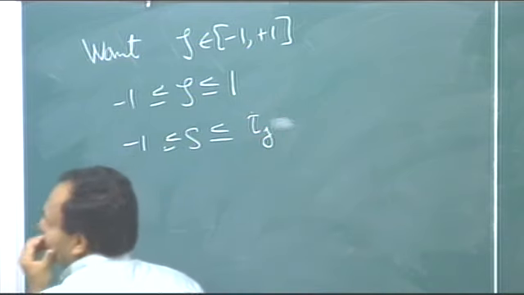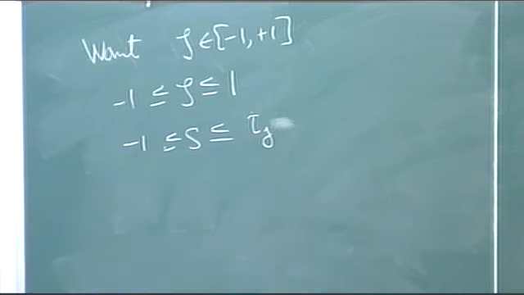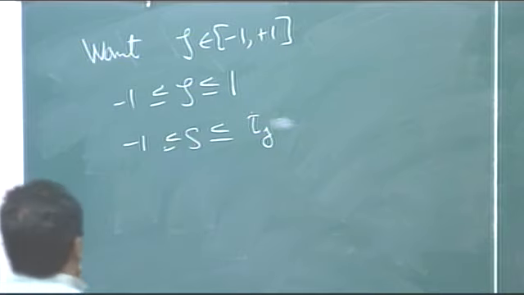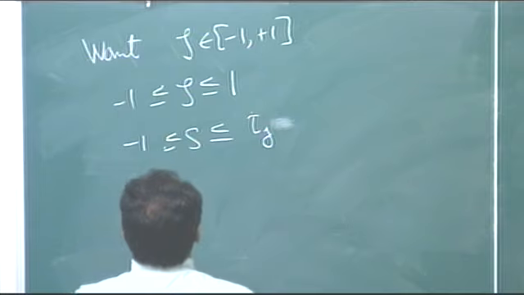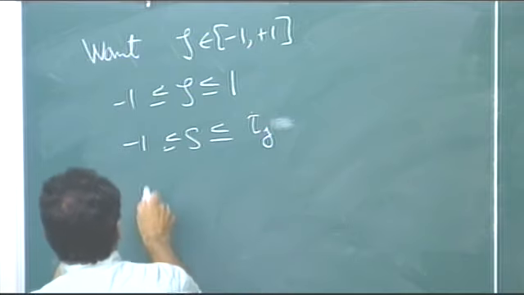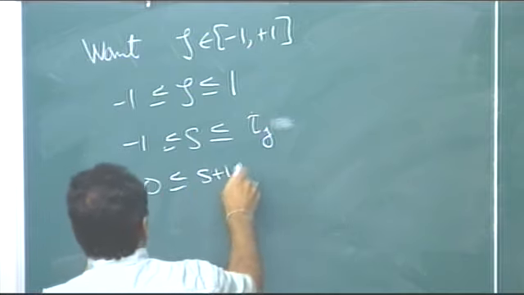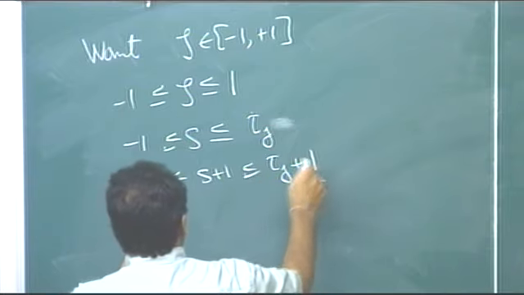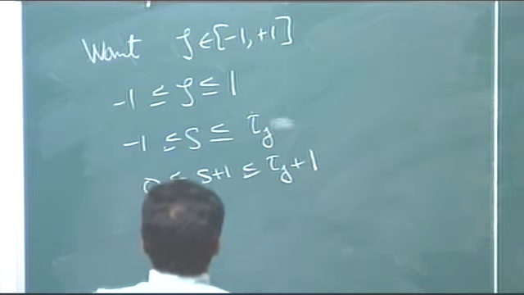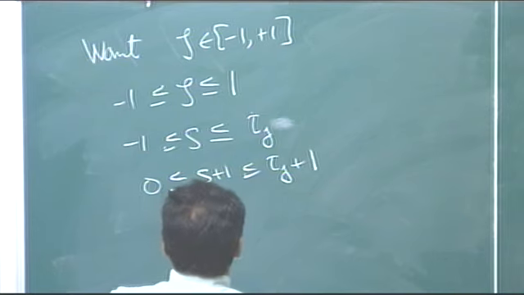That's what I actually have. I don't have tau j plus 1. I've just got tau j, right? So if I want this interval to go between -1 and 1, if I add 1 to it, I get this, right? And so now I want this interval to be transformed to that interval up there.